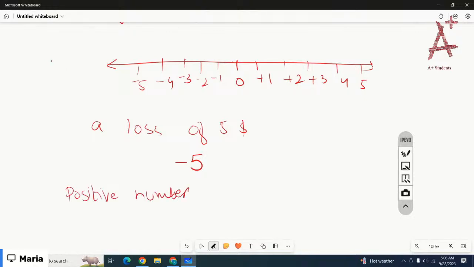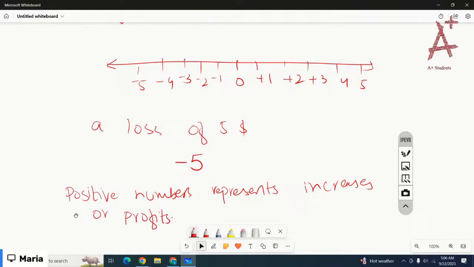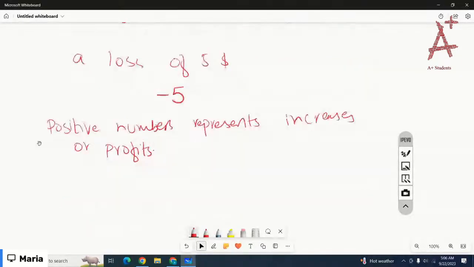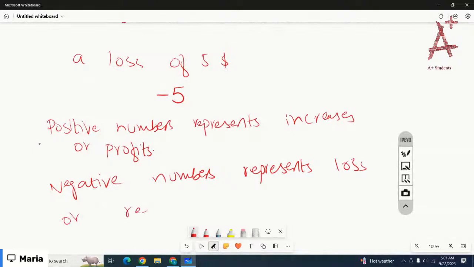Positive numbers represent increase or profit, whereas negative numbers represent loss or reductions, right?